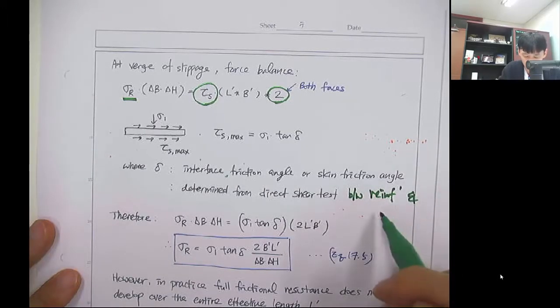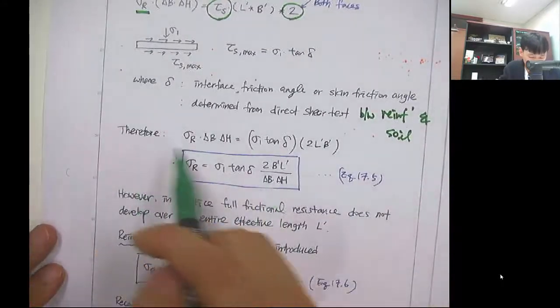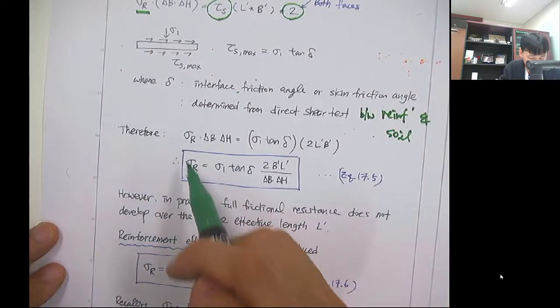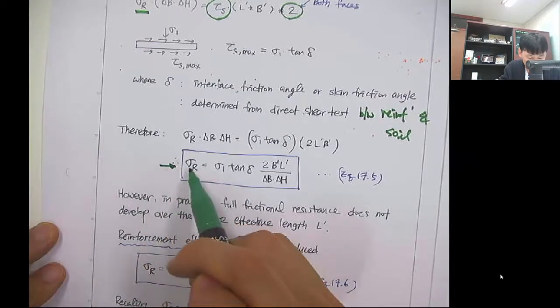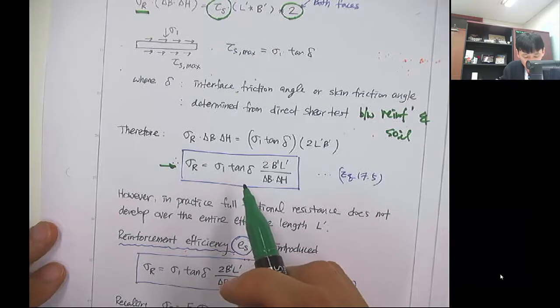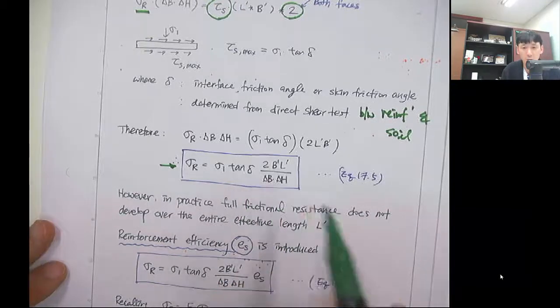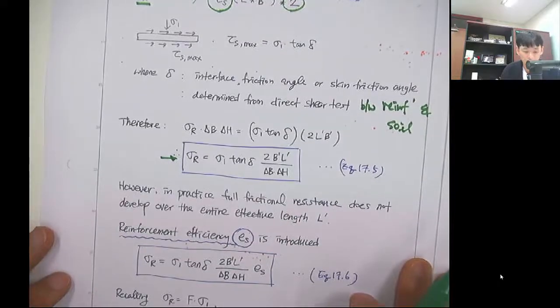So thereby finally we'll have this equation, sigma r equals the sigma 1 times tangent delta times 2 b prime L prime over delta b times delta h.